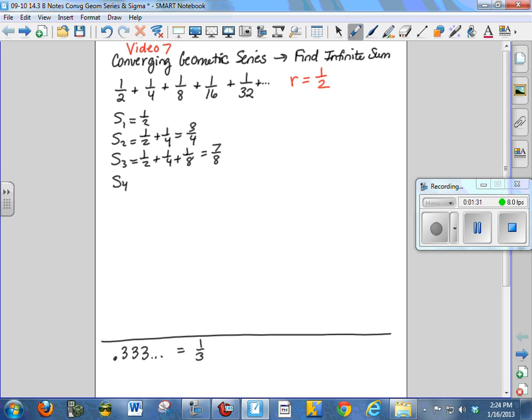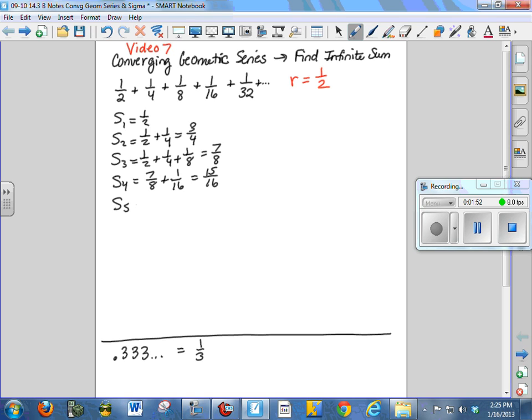S sub 4 is equal to 7/8 plus 1 over 16. So that would be 14/16 plus 1/16, which is 15/16.